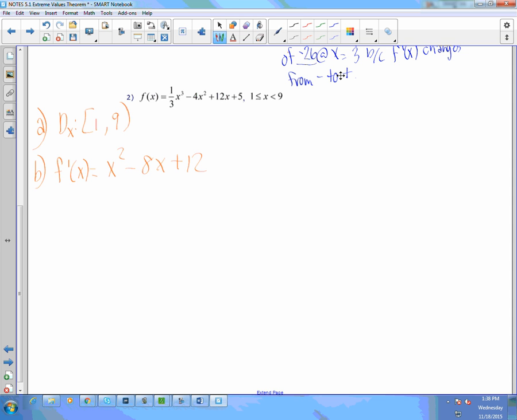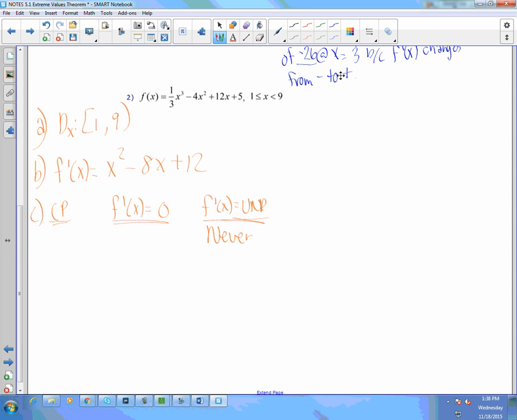Next, we find when f prime of x equals 0 or f prime of x is undefined. This is a quadratic function now. Is there going to be anything undefined? No, never.